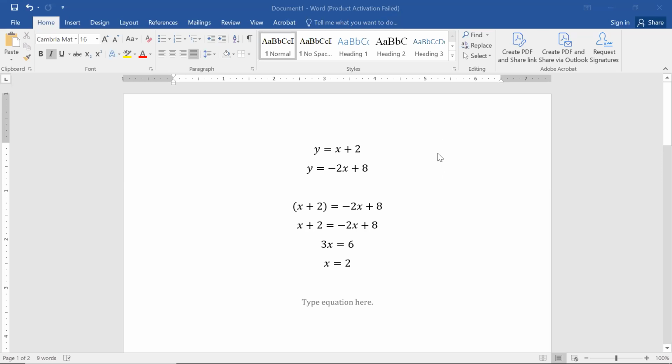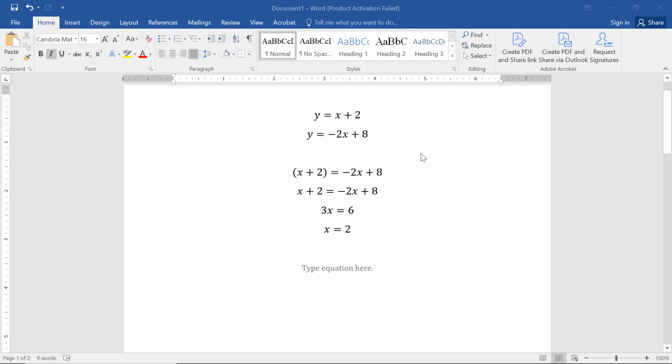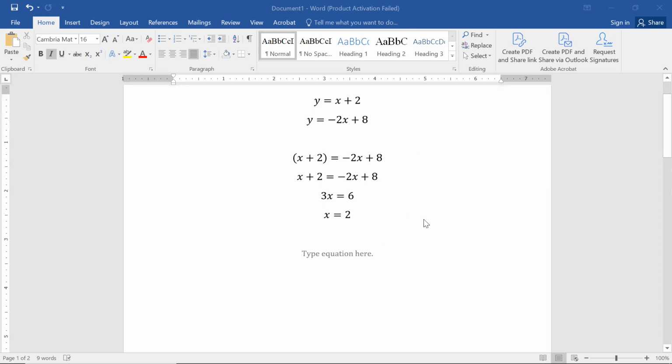I hit a wrong button there and it magnified. So hopefully that problem is gone now. Okay.